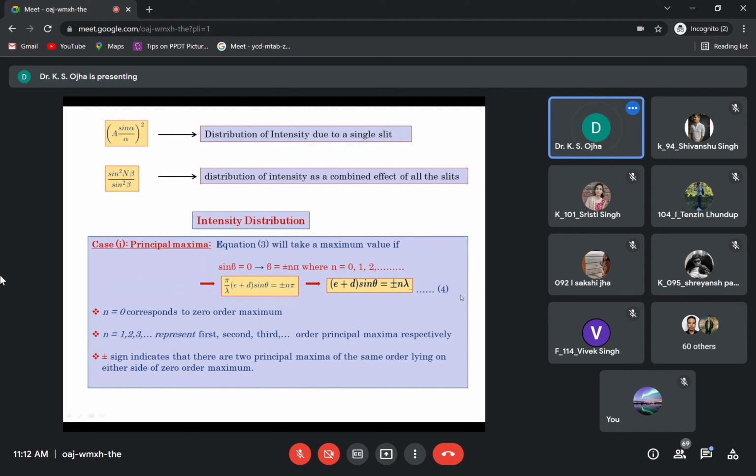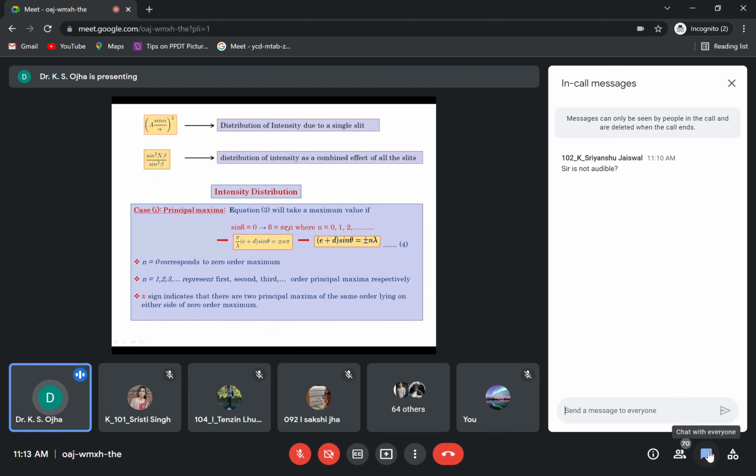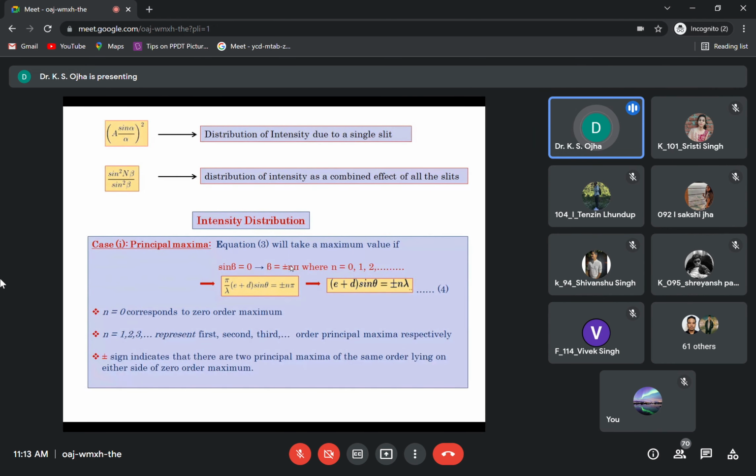So we have found that beta is equal to plus minus n pi, and this gives the position of the principal maxima.